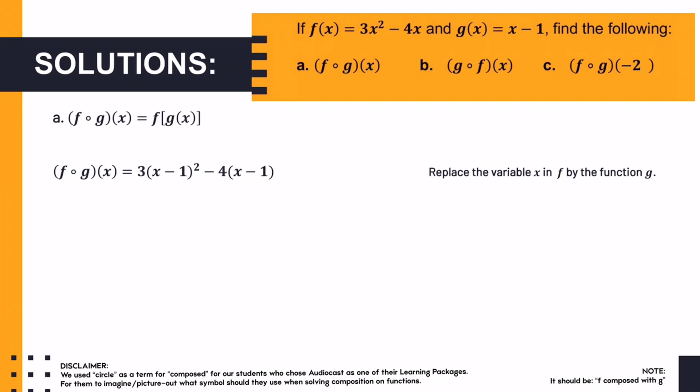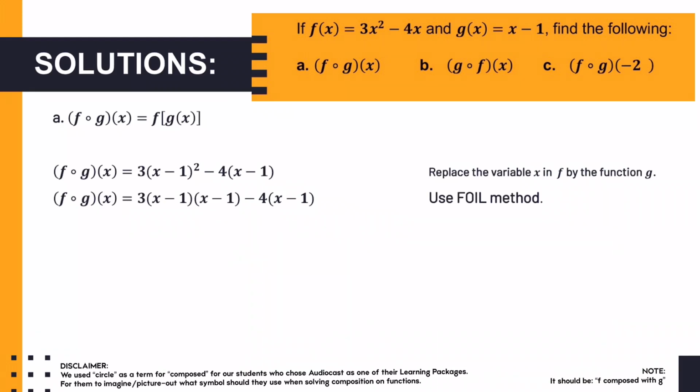After doing such, next, expand the first term containing parentheses, x minus 1 squared. That is x minus 1 multiplied by x minus 1. Then use the FOIL method. Multiply the first terms, x multiplied by x, x squared. Next, outer terms, x multiplied by negative 1, negative x. The inner terms, negative 1 multiplied by x, that is negative x.